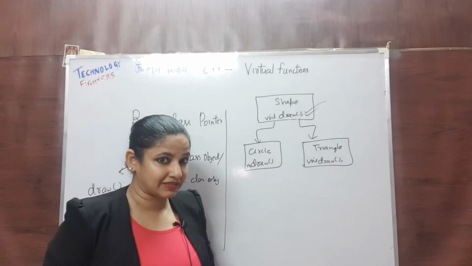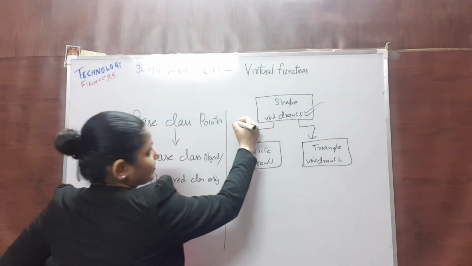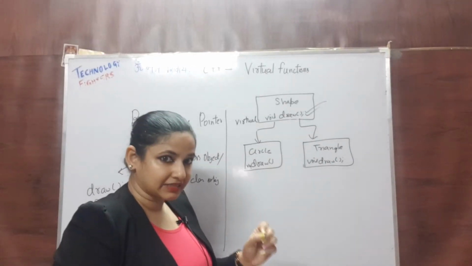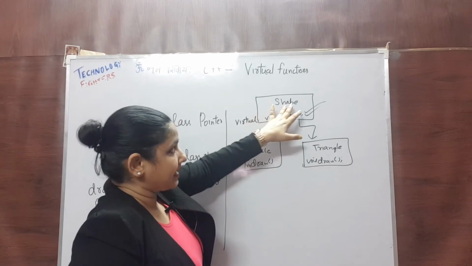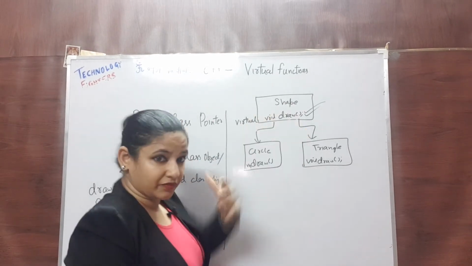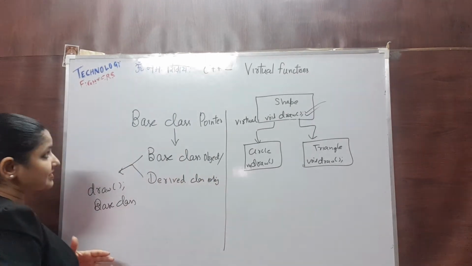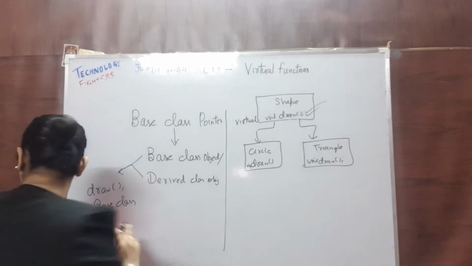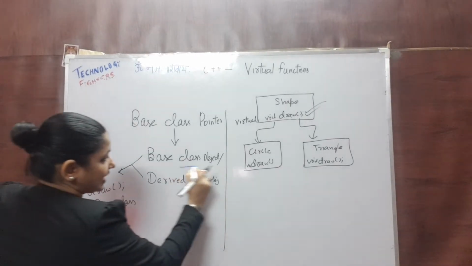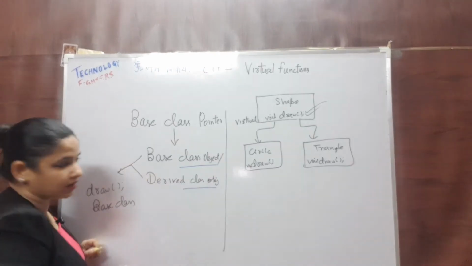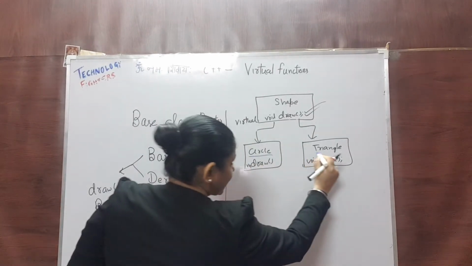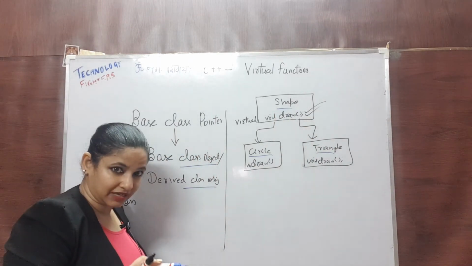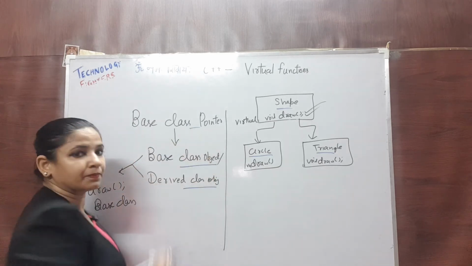We can implement this by adding the keyword virtual. If I add the keyword virtual in the base class, then what will happen? C++ will take the decision at runtime based on the type of object, whether it's of class Circle, Triangle or Shape, not based on the type of pointer.